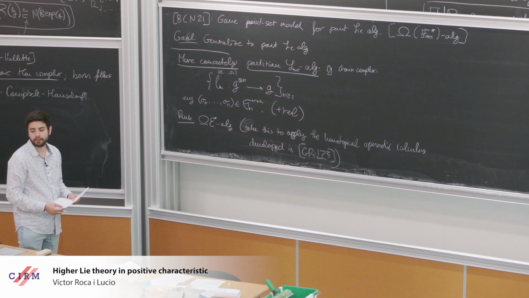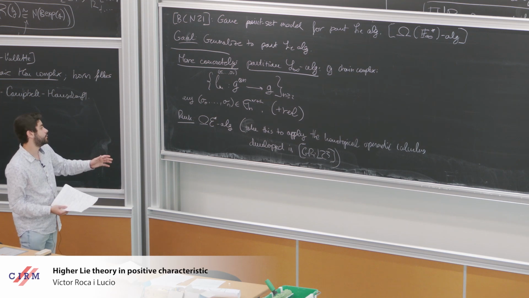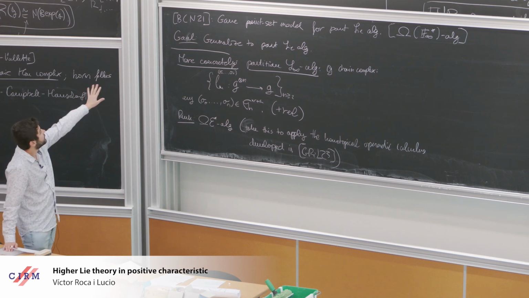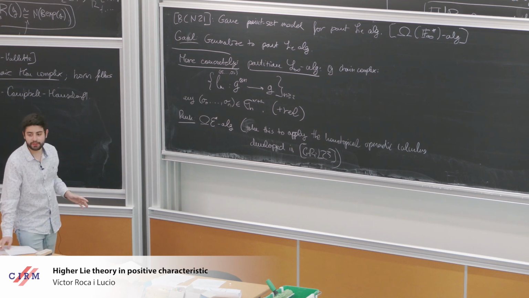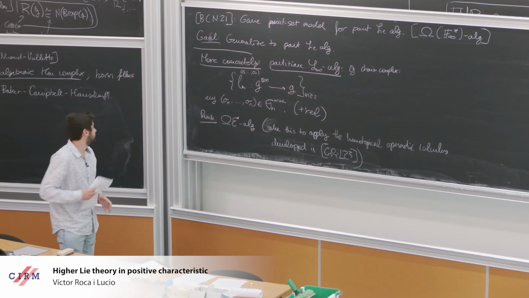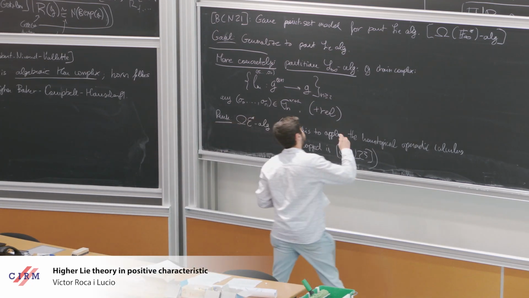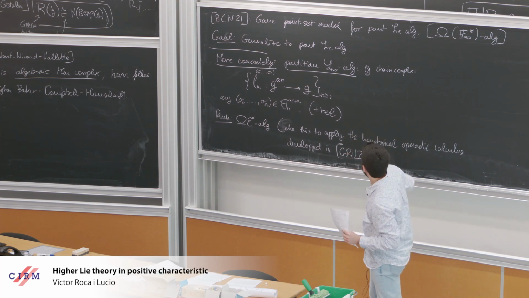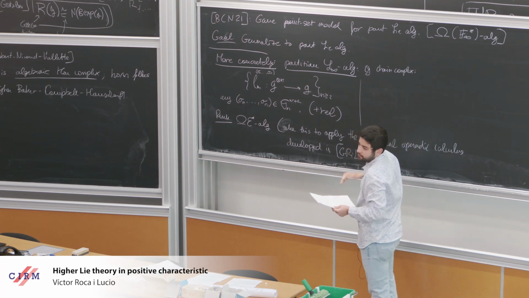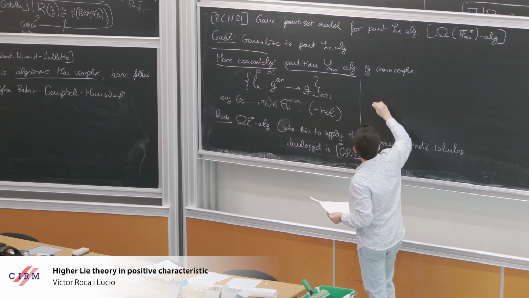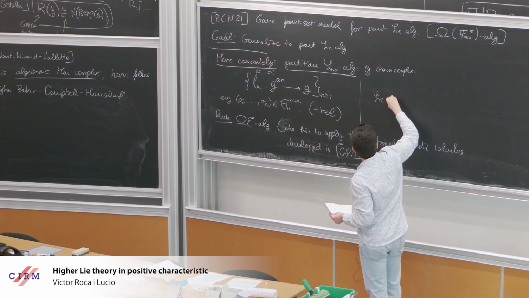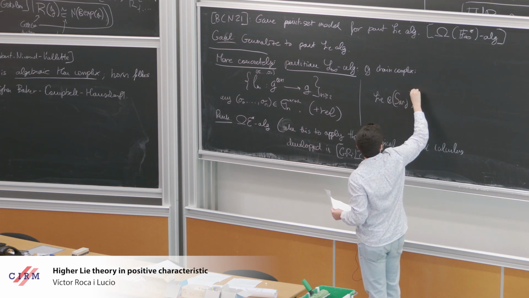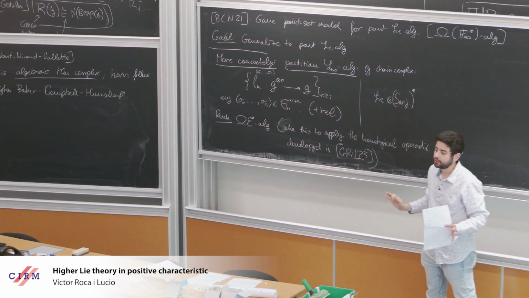There is another model that Brunner, Campos, and Newton use. The model that would correspond to Lie algebras in this setting would be taking the Lie operad and then tensoring it with the dual of a surjection cooperad that they construct in their paper.